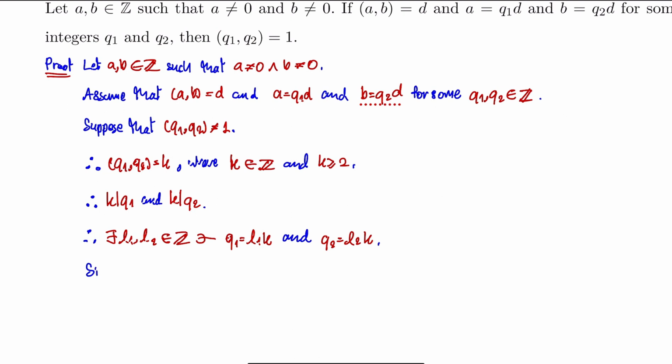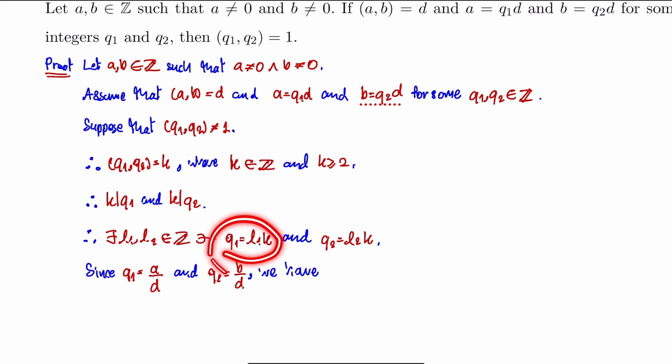Since Q1 is A over D and Q2 is B over D, what happens to this equation and this equation respectively?